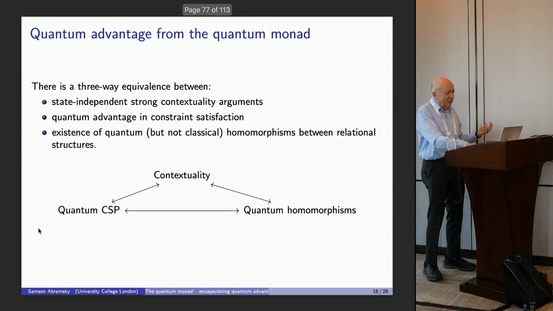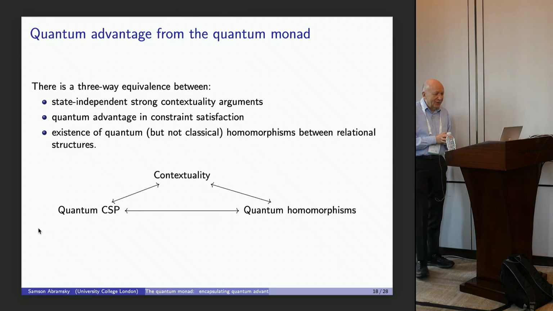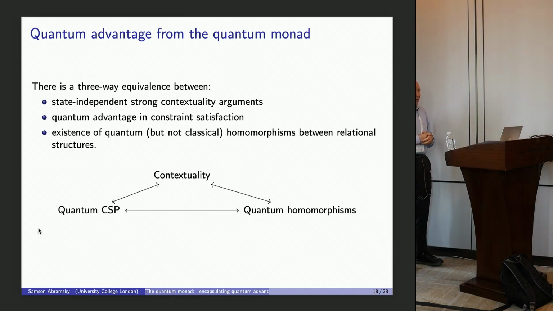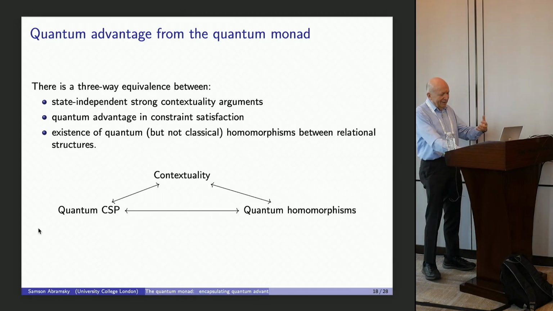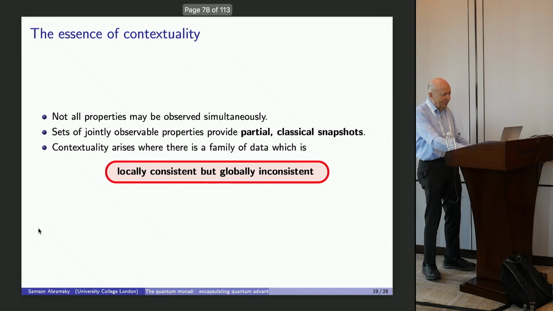And point three is the existence of quantum but not classical homomorphisms between relational structures. So all these three, there are systematic back and forth bijective correspondences between these things. So again, the quantum monad carrying quantum homomorphisms lets us account for a large swathe of the constructions that give us quantum advantage in many situations.